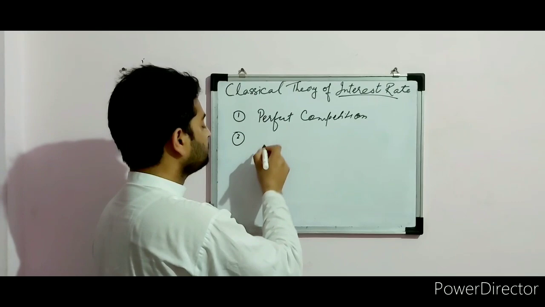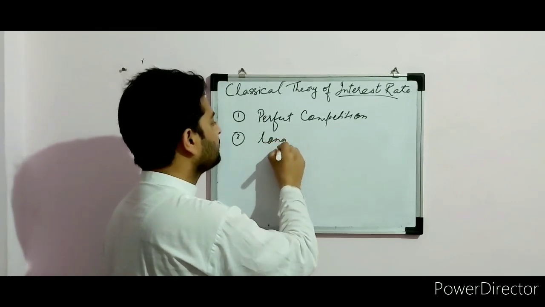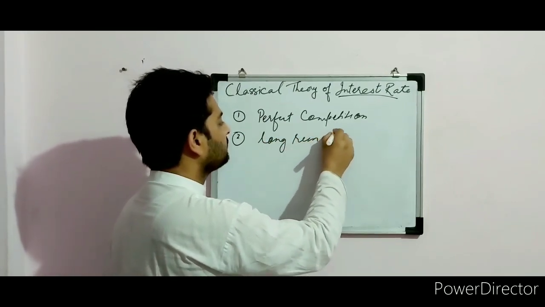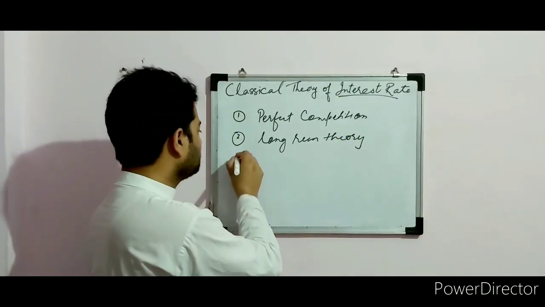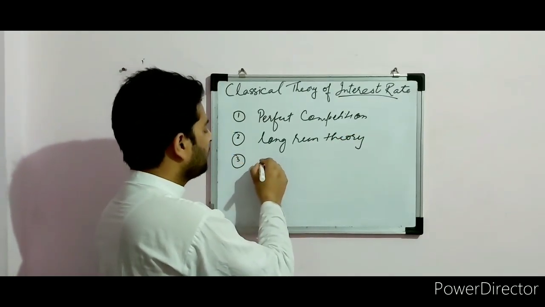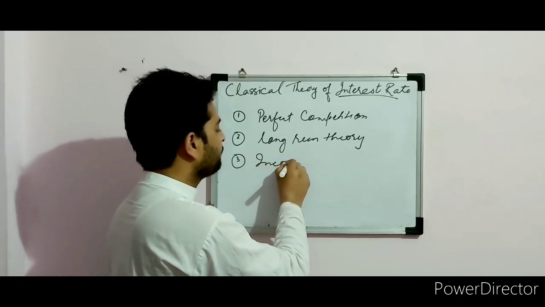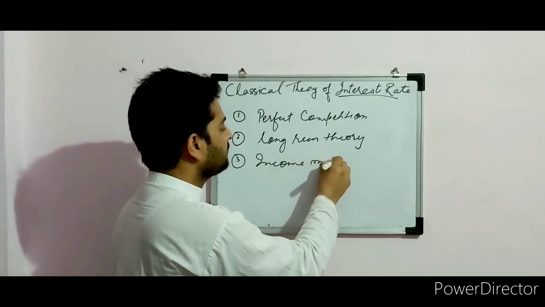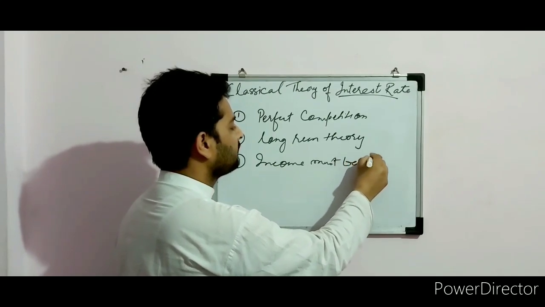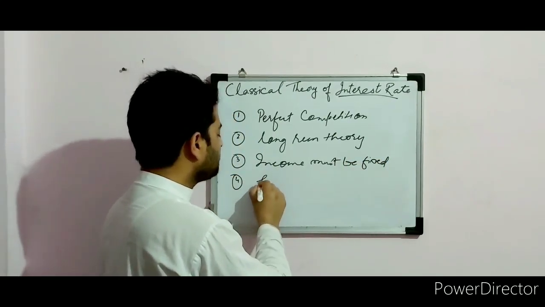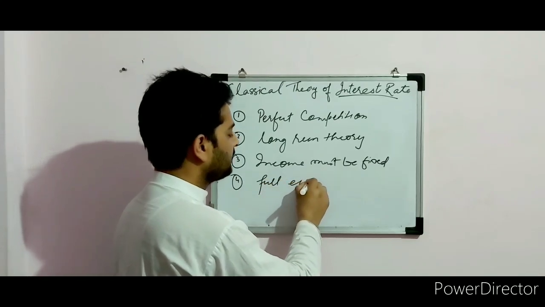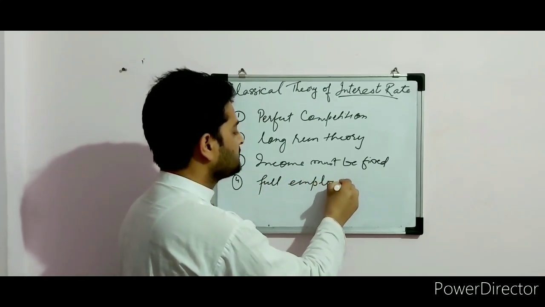Second, it is a long run theory, that is, the theory works only in the long run. Third, income must be fixed. Fourth, there must be full employment in the economy.